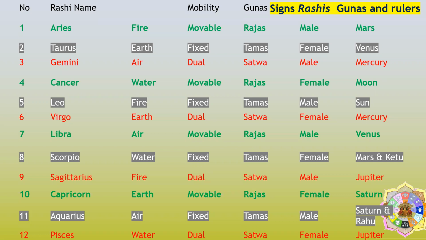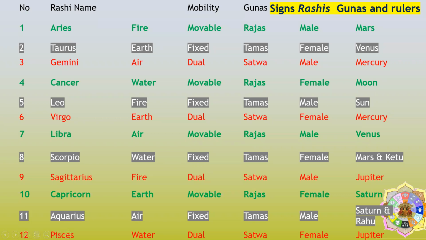That is the reason why they are Sattva Guna. The other thing is, remember I told you that we will do this next time, but Virgo is a little bit of an exception, and Pisces is a little bit of an exception.